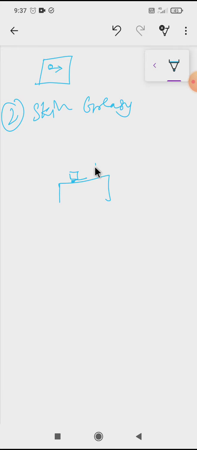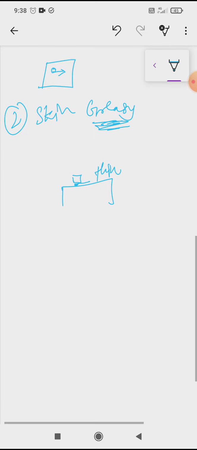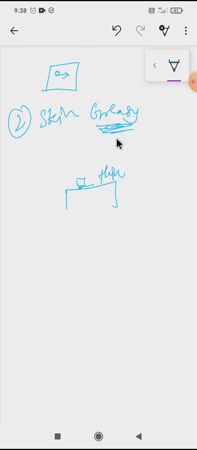This layer is very thin. Generally, in your bicycle, the chain is greased. The layer is very thin, so the surfaces can come in contact, but there is always some grease, some skin, over there.